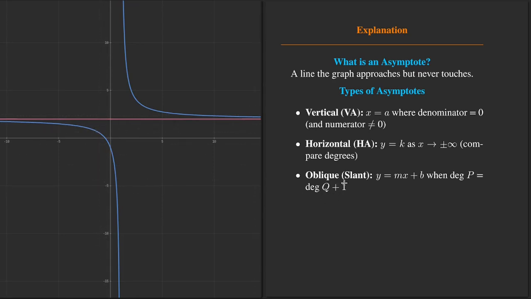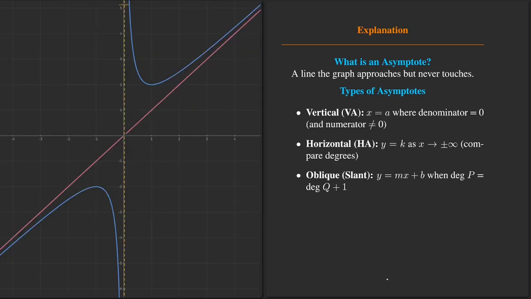Then we have the last one we call the oblique asymptote. The last one we'll be looking at is when the asymptote is oblique. When we say it is oblique or slanted, it is usually when the degree of the numerator is 1 more than the degree of the denominator.